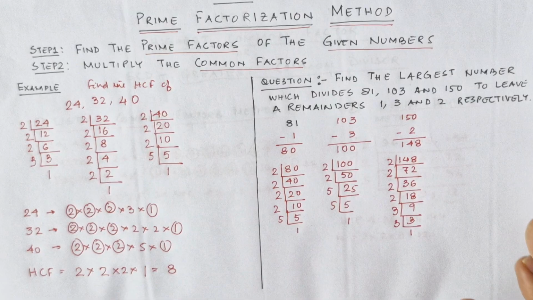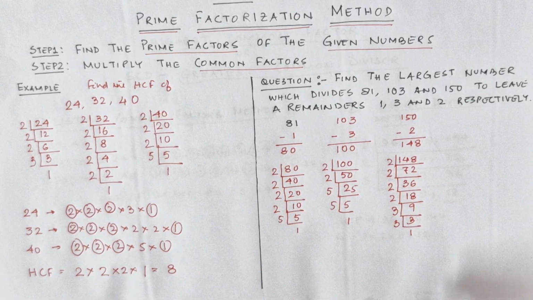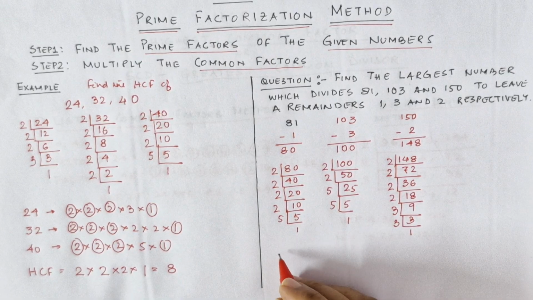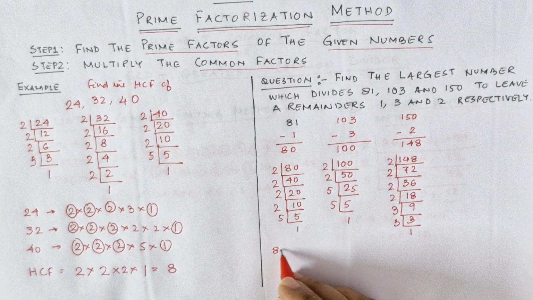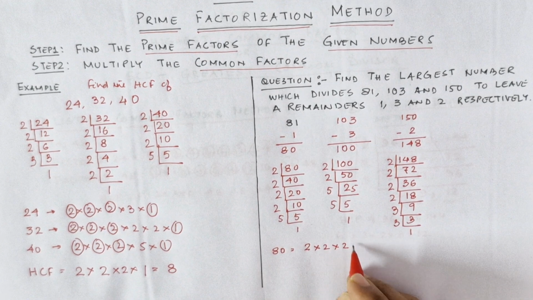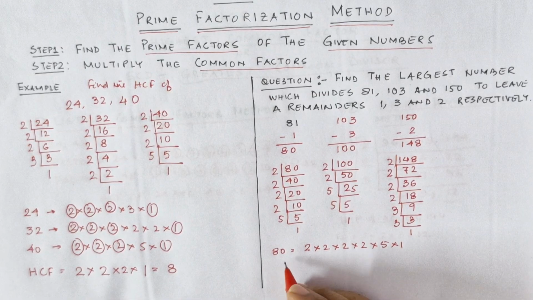So we have calculated all the prime factors of the respective numbers that we got after subtracting the remainders. Let's write them down. For 80, 2 multiplied by 2 multiplied by 2 multiplied by 2 multiplied by 5 multiplied by 1.